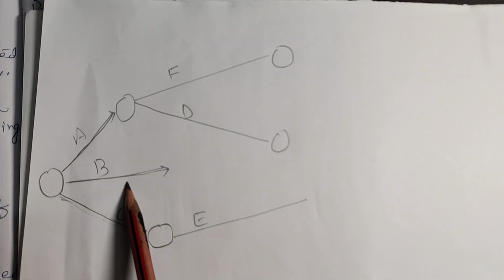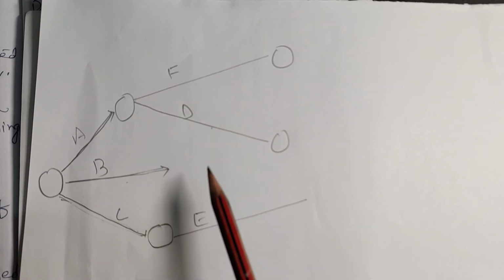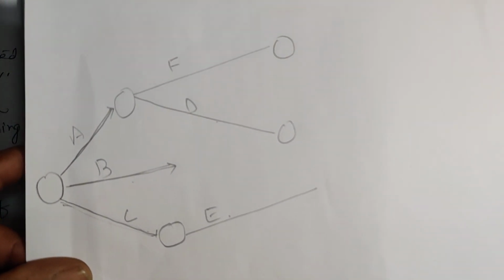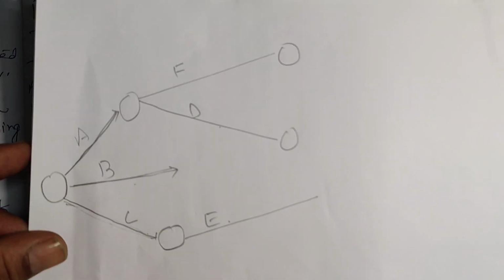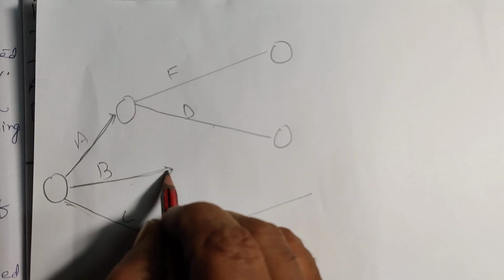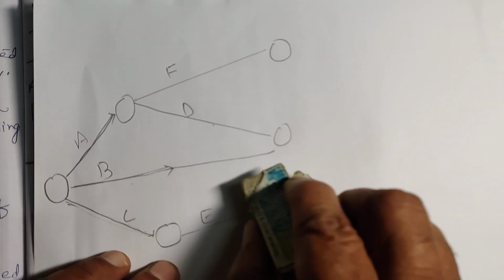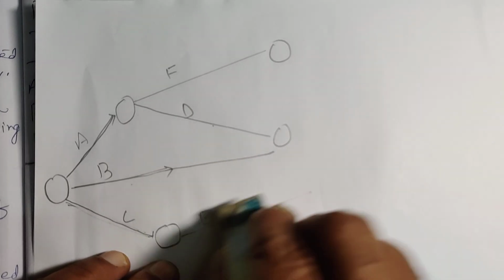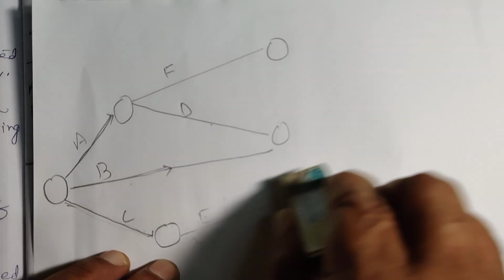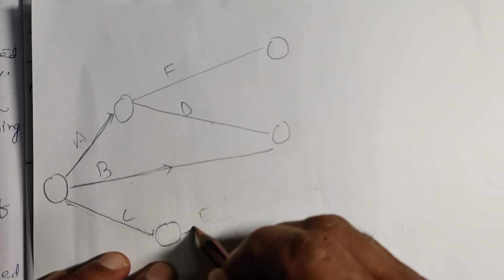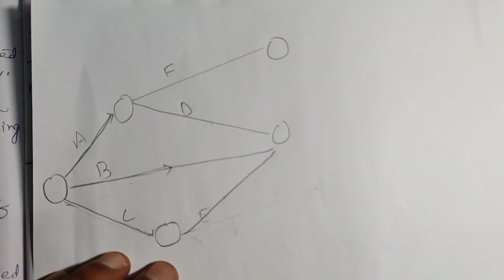This is activity B, this is activity D, and this is activity E. These three activities I have to join at one node. These three activities are joined here.